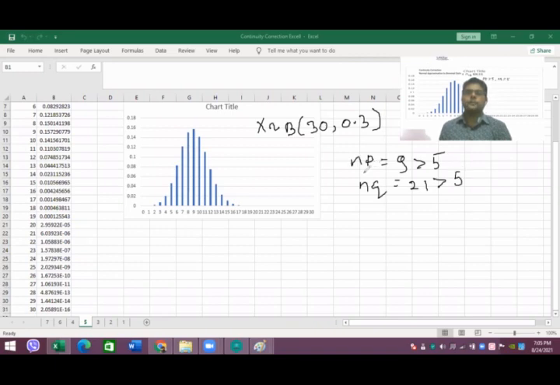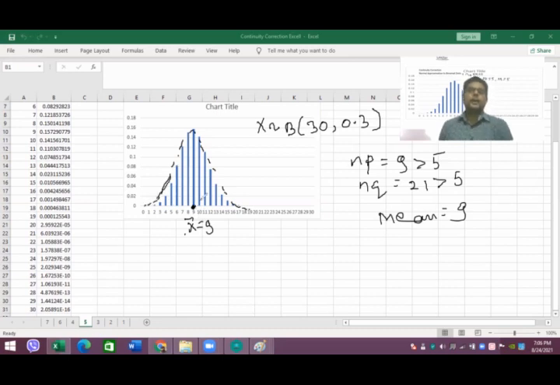So in both cases np and nq are bigger than 5, the mean of this distribution is 9, and about this mean position, the curve is nearly normal, giving a symmetrical shape.